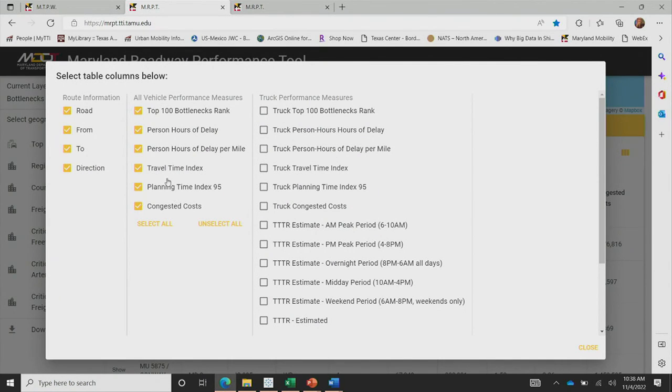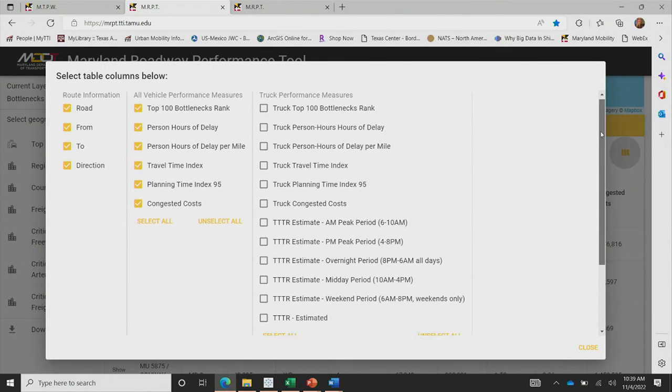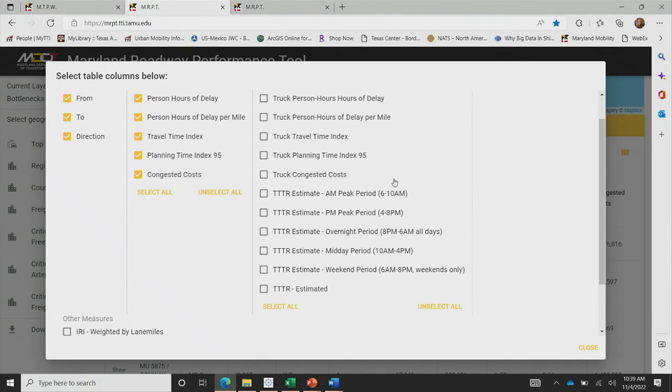We have all these performance measures, so you have delay, rank bottlenecks, and different measures like planning time index, travel time index, and cost of congestion, but we also have the truck metrics in here as well. We try to estimate the federally mandated truck travel time reliability measure, but that's calculated differently.